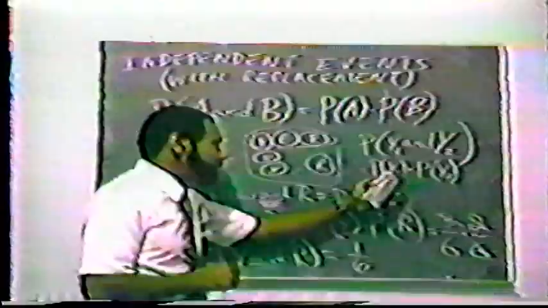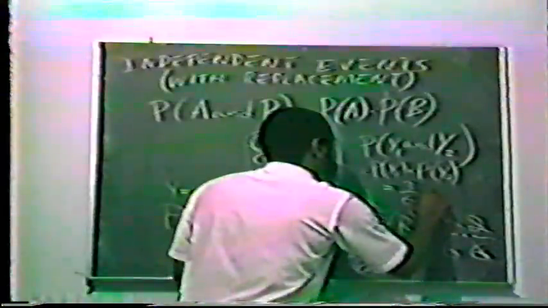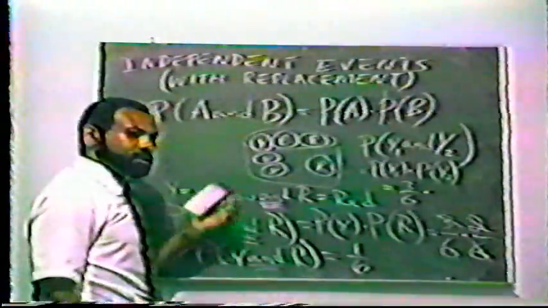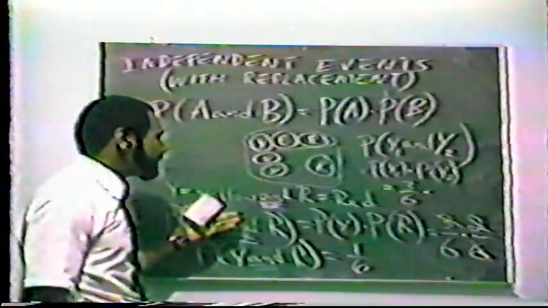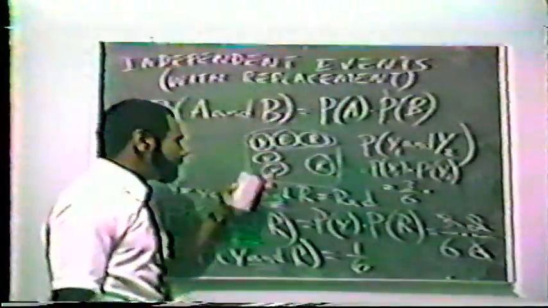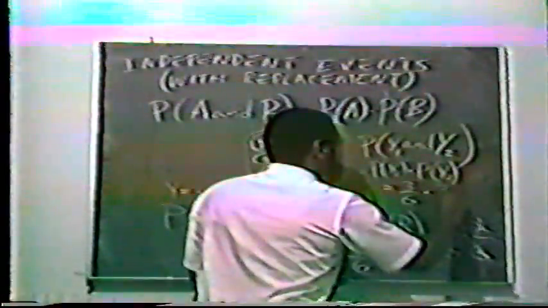So for the first ball, the probability is 3 over 6. We took the ball out, it was yellow, we put it back in. So the probability of getting a yellow ball on the second trial would still be 3 over 6.